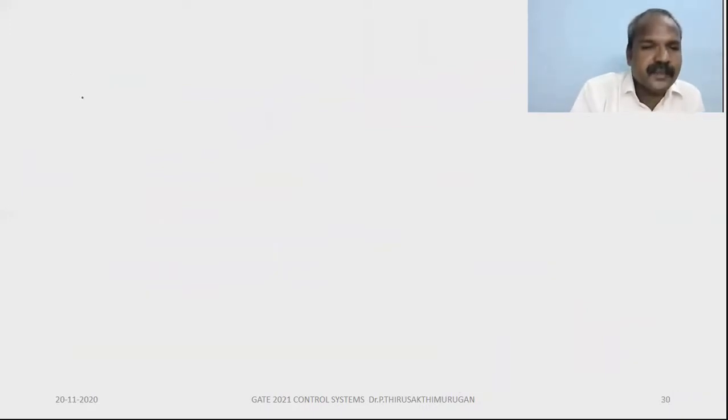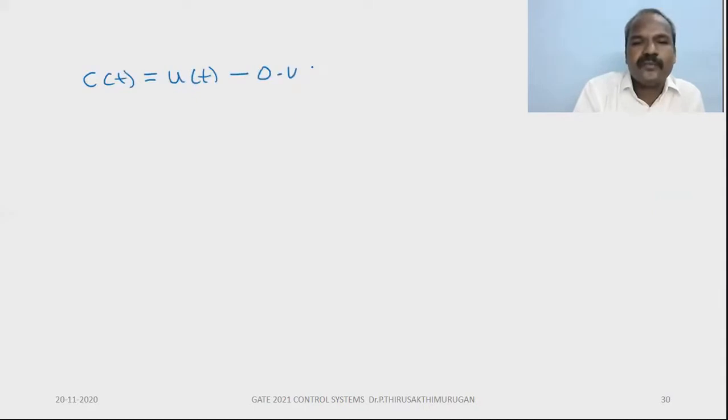Now find c(t). c(t) equal to u(t) minus 0.1 u(t) plus 0.1 e power minus 10t into u(t).